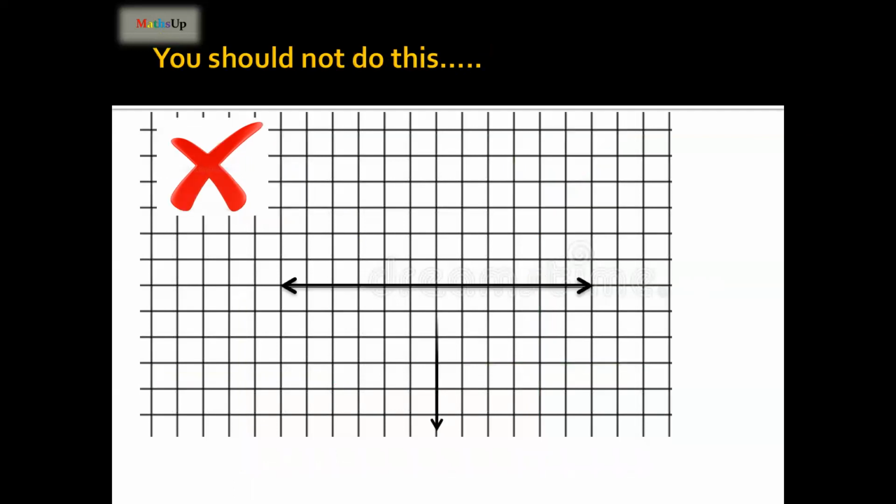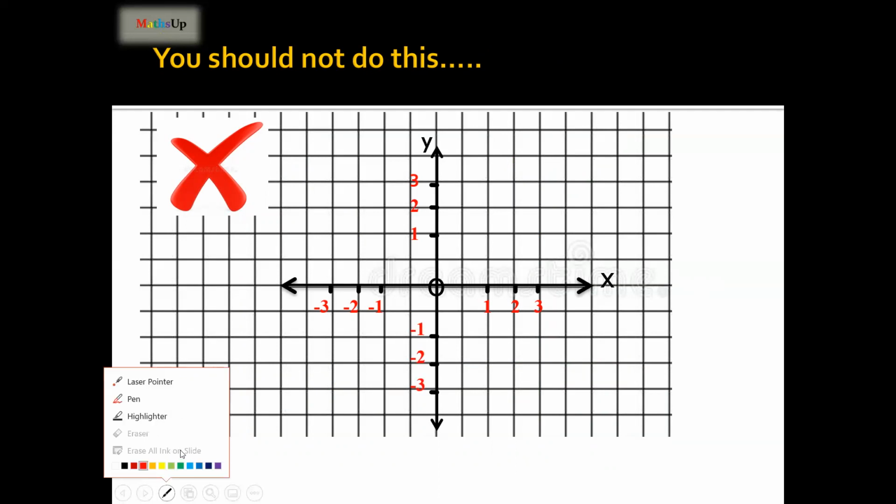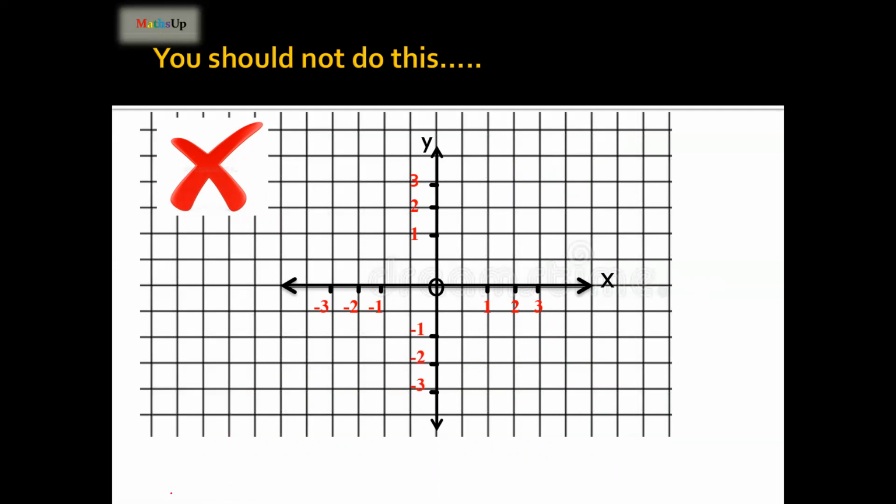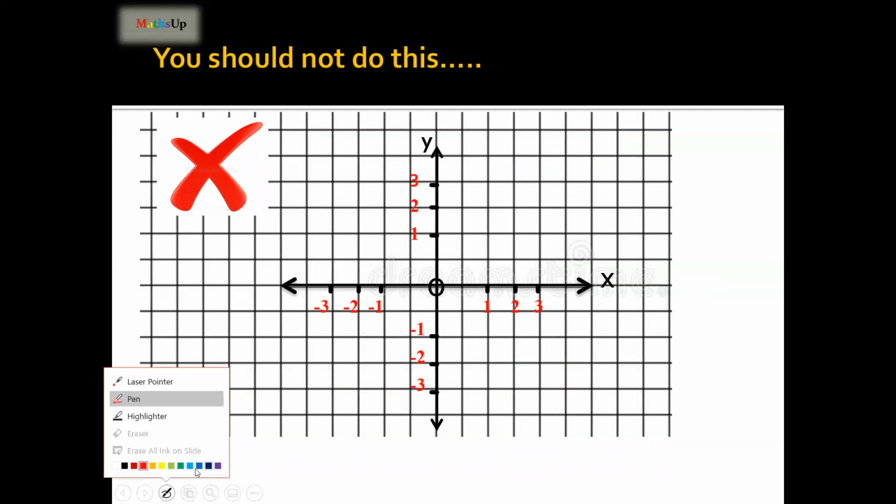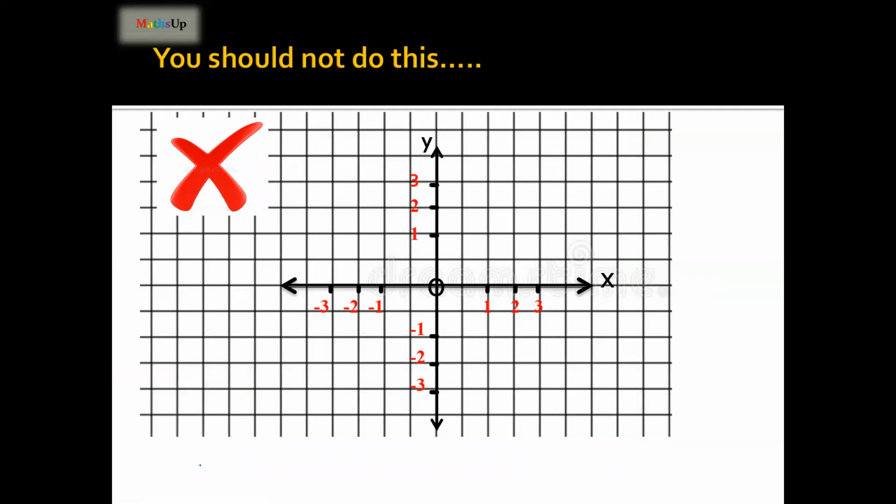And another common mistake that the kids are doing is taking different gaps between 2 numbers like this. So let me explain you. This is the origin or the 0 of the number line.